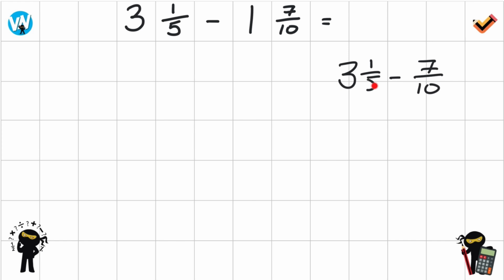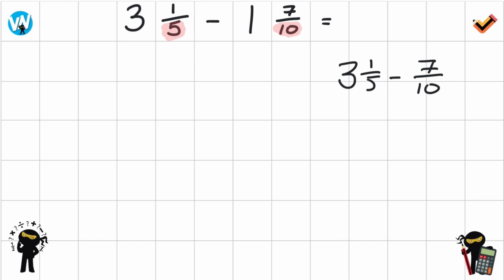an improper fraction, okay? So when we see subtraction problems, the best strategy to apply is to get into the habit of converting to an improper fraction straight away. Obviously here we've got the other issue that the denominators are different, so we will need to find a common denominator.